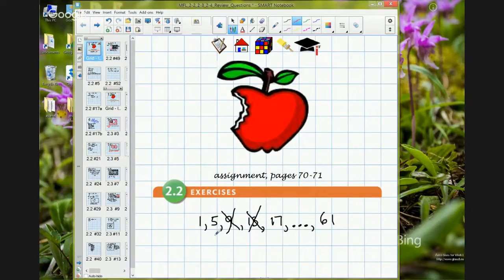Here's the assignment. Let's just move forward. 17, then what would be? 21. 25, 29, 33, 37, 41, 45, 49. Oh, you know, right. 49 is one of the problems.